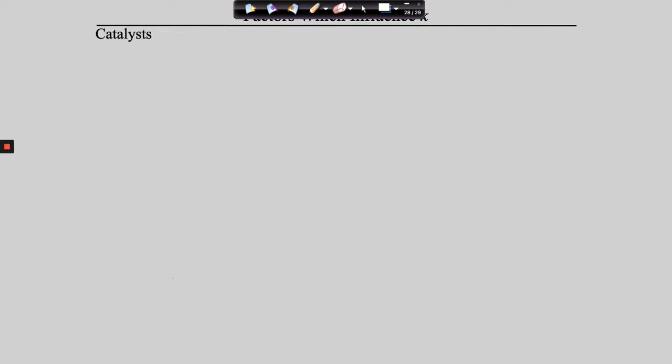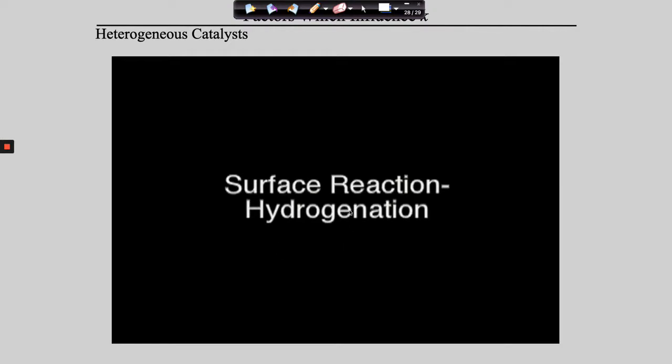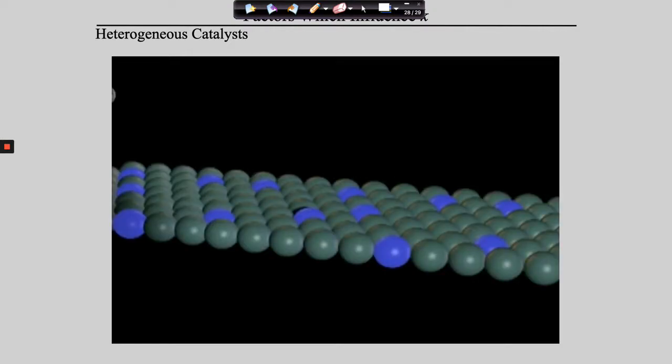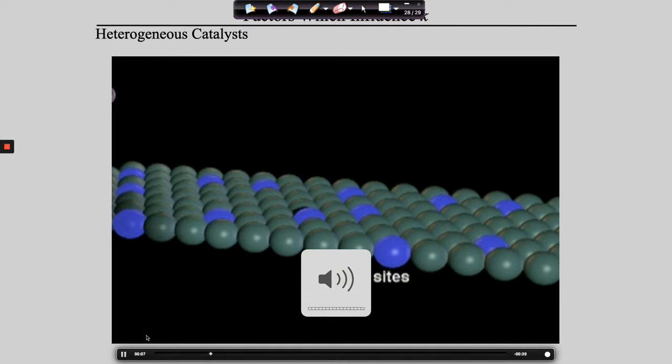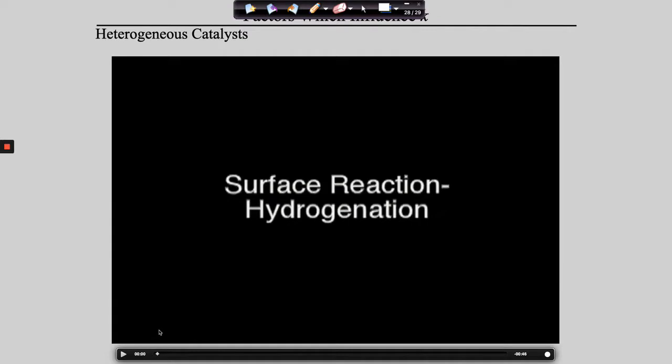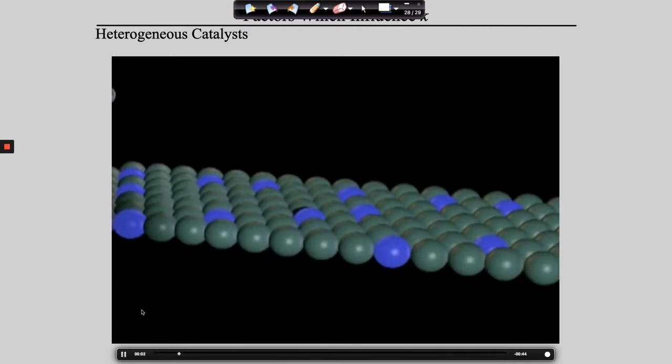A specially prepared metal surface of nickel or palladium contains active sites symbolized by the blue spheres at which a surface reaction can occur.